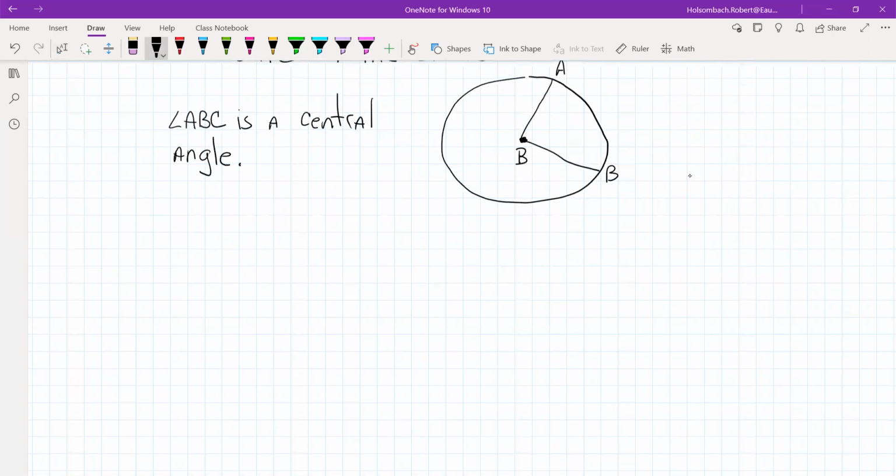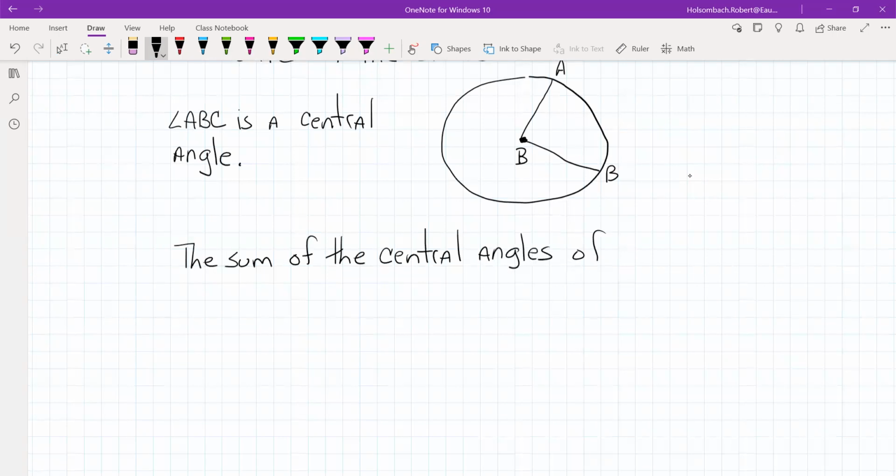So we're going to say the sum of the central angles of a circle is 360 degrees. The sum of the central angles of a circle is 360 degrees.